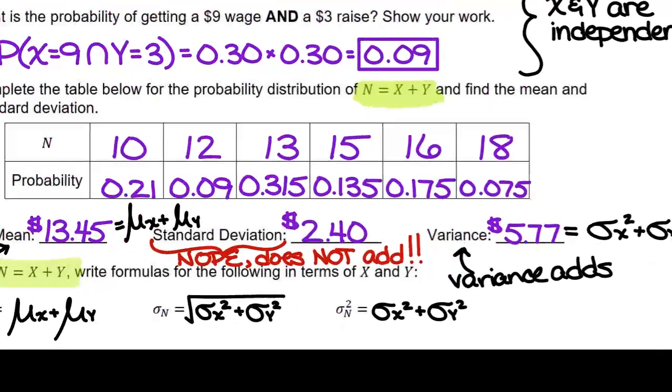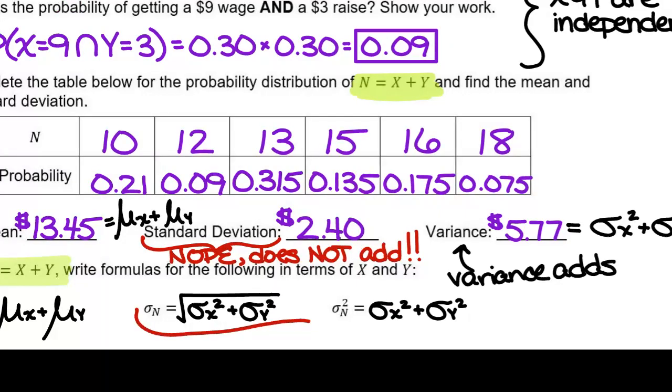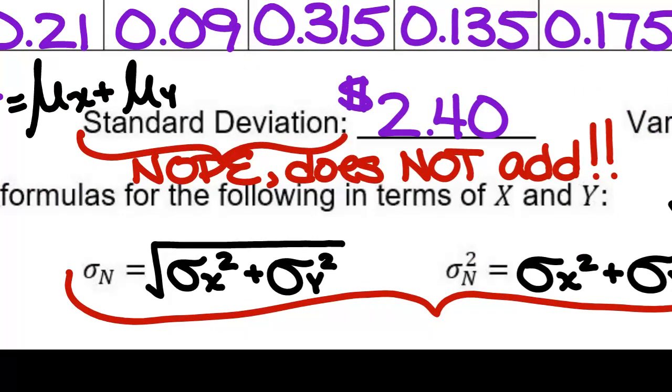Here's the part that we got to be careful about. These two pieces, variance and standard deviation, so very much related. I can only use those formulas if x and y are independent.